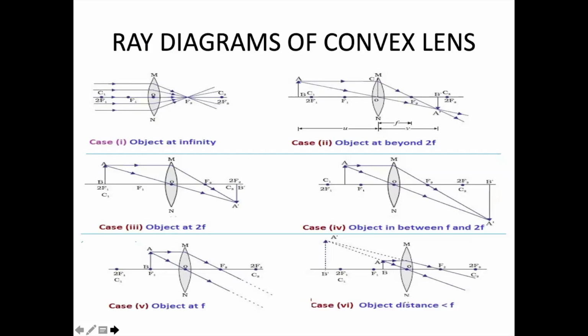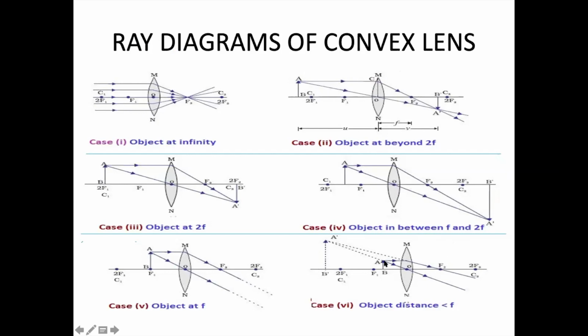On the basis of this, we are going to draw different ray diagrams. Here we are going to draw the ray diagrams of the convex lenses. Again, I will begin with the exception case, the last case, within the focus. Within the focus, the image formed is virtual. The dotted line shows that it is which one? The virtual image. And in the case of a convex lens, the image obtained is virtual and large.